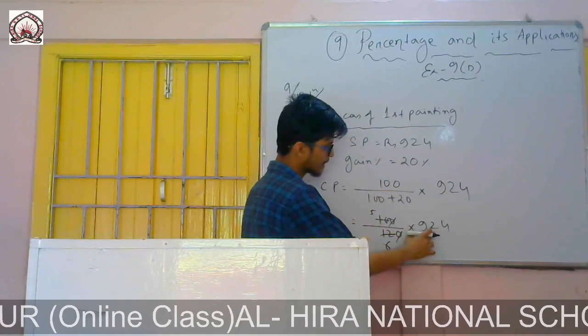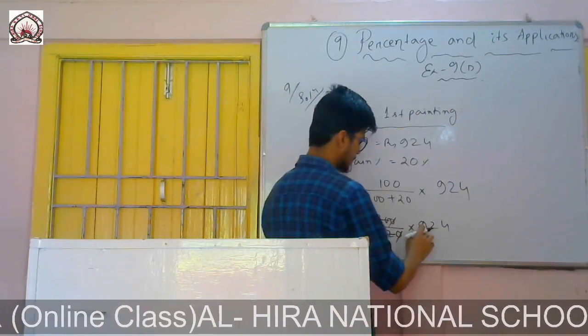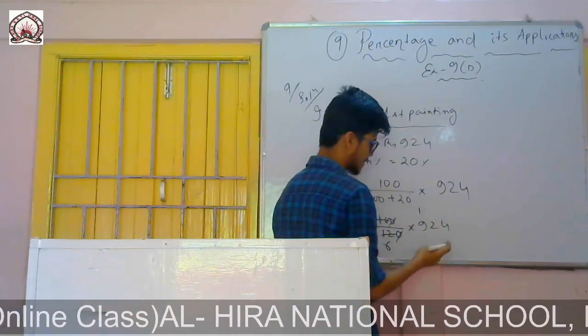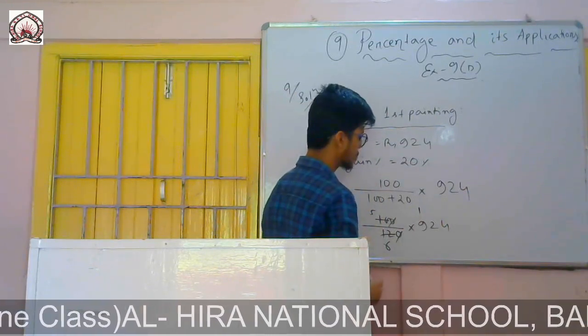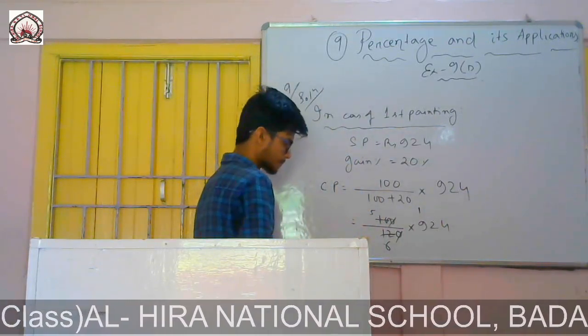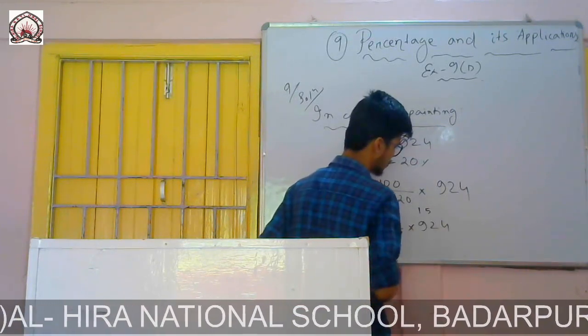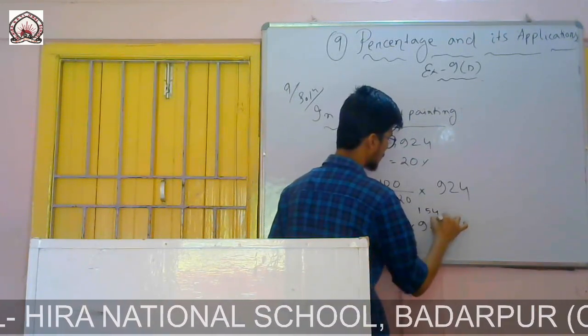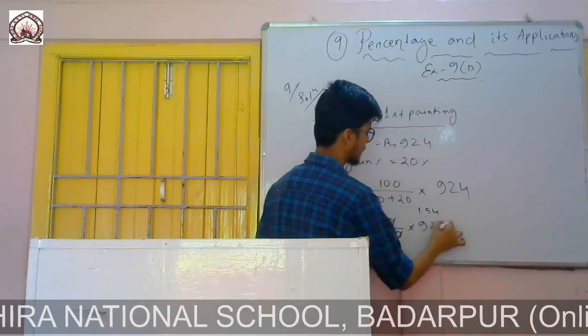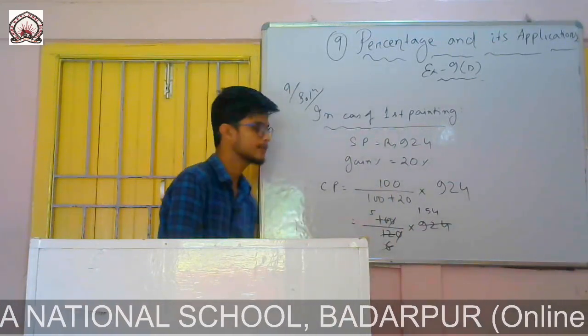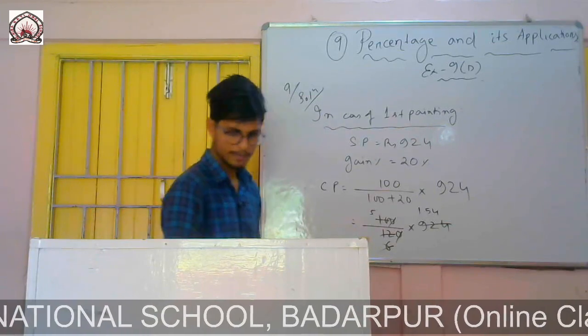With 6 I can cancel this one. 6 5s are 30, 2 left, 24, 6 4s are 24. So with 6 I can cancel this one. It is 154 into 5.